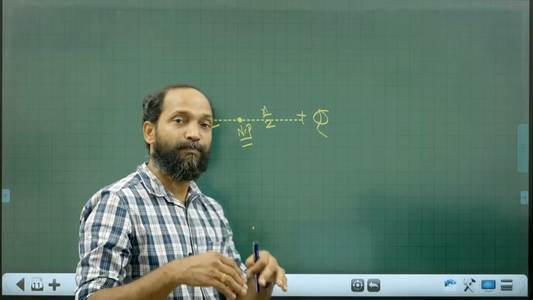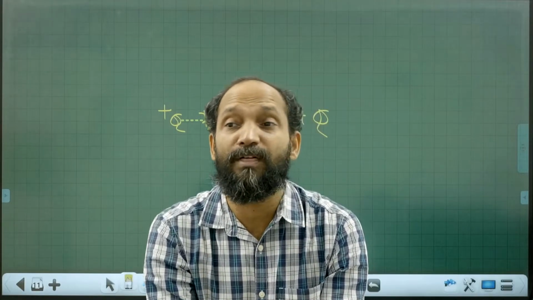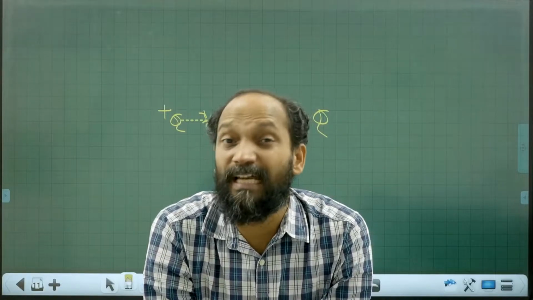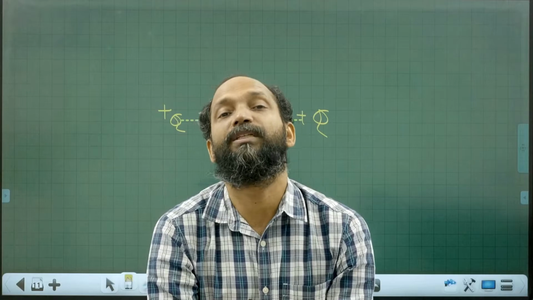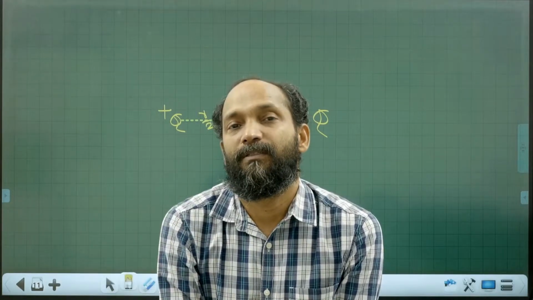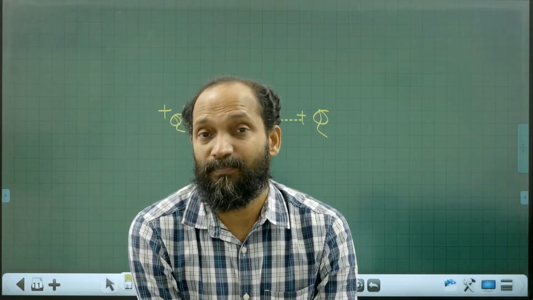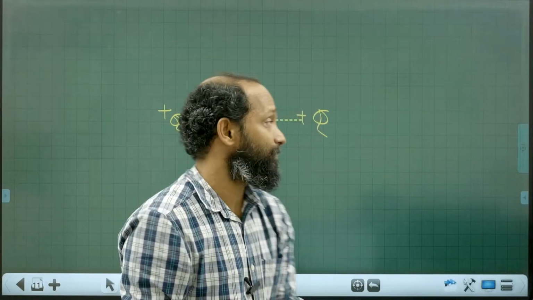If one is plus q1, other is minus q2, charges are of different magnitudes. They are of different sign, plus q1, minus q2. Then you have to see the null point along the axis itself, but outside the charges, close to the charge having smaller magnitude.